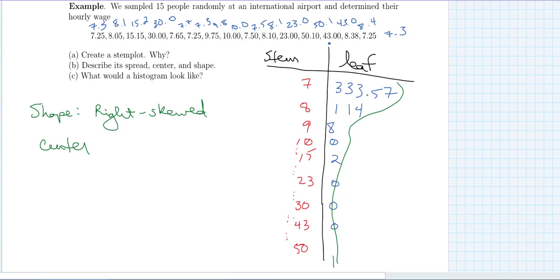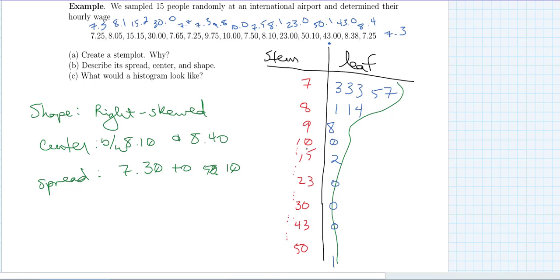So 1, 2, 3, 4, 5, 6, 7 is 7.5, which is between 8.10 and 8.40. Alright, and now our spread is the minimum, which is 7.30 to 50.10.